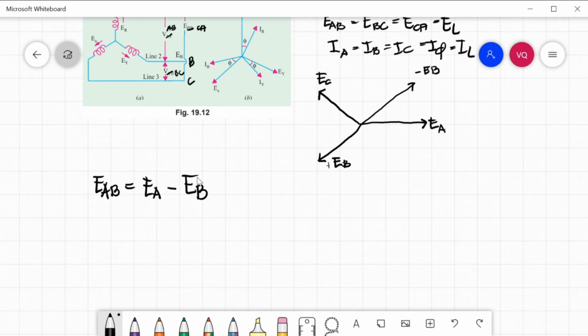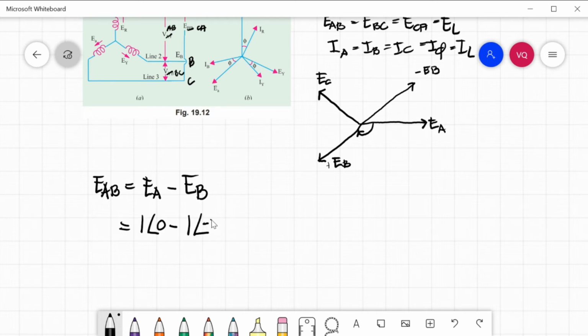So that is equal to, let's say we have 1 angle 0 minus 1 angle negative 120. This one is the direction.